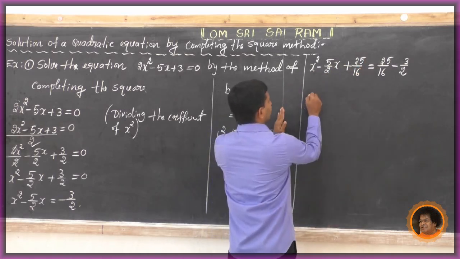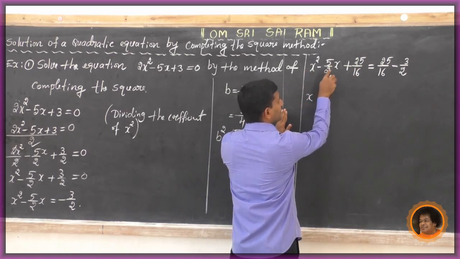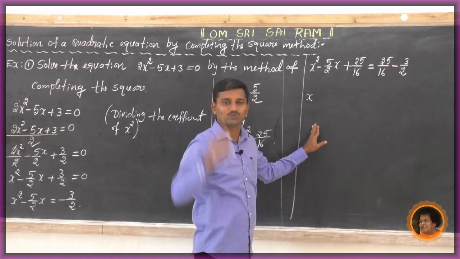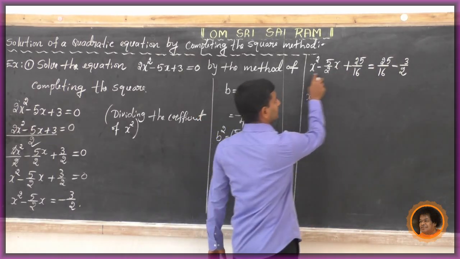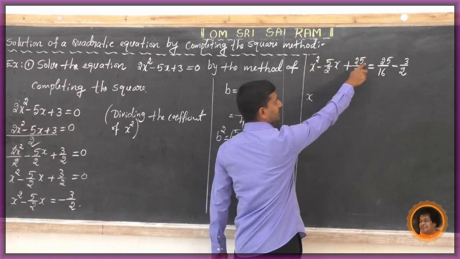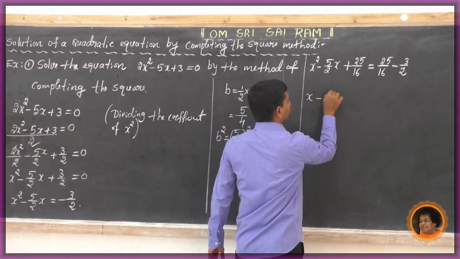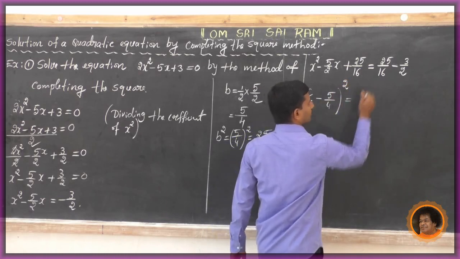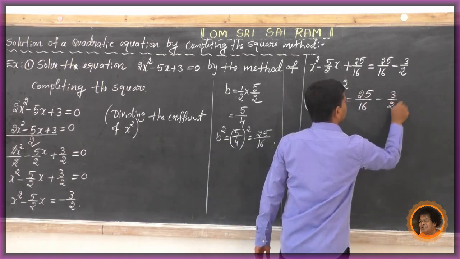So the left hand side is in the form of a square minus 2 into a into b plus b square. So its factors are in the form of a plus b whole square or a minus b whole square. So this is in the form of a minus b whole square. So here the value of a is x and b is 5 by 4. So x minus 5 by 4 whole square equal to 25 by 16 minus 3 by 2.